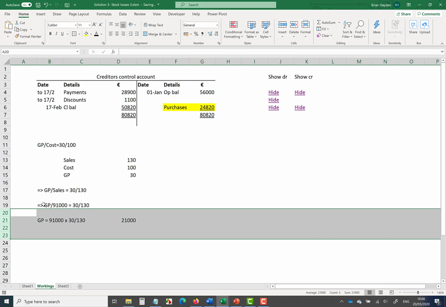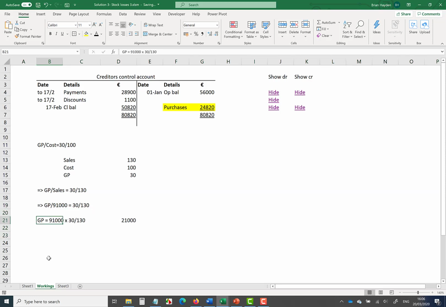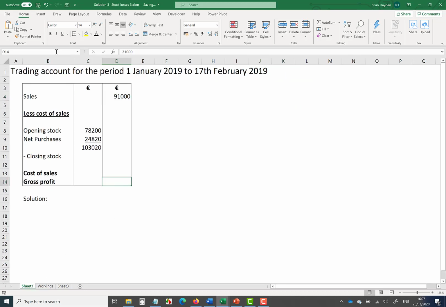Okay, so to get from this step to that step, I simply multiply both sides by whatever's underneath the gross profit. So multiply this by 91,000, you end up with gross profit by itself. Multiply this by 91,000, you get this thing here. And on a calculator, that works out as a gross profit of 21,000. So I now know that my gross profit is 21,000.